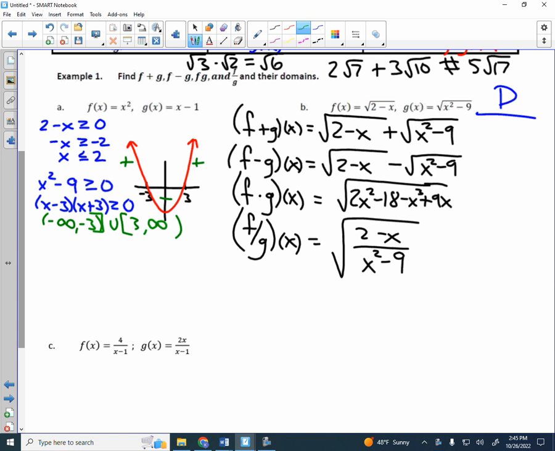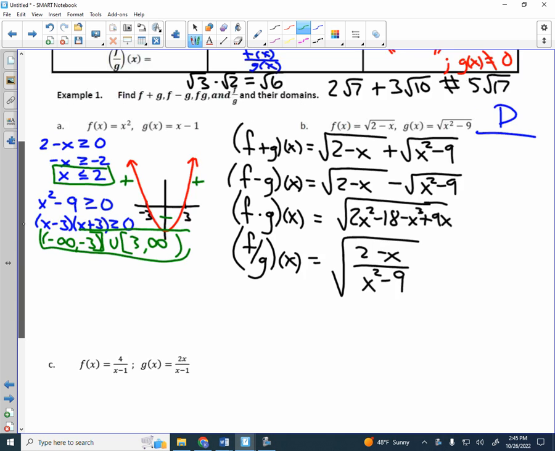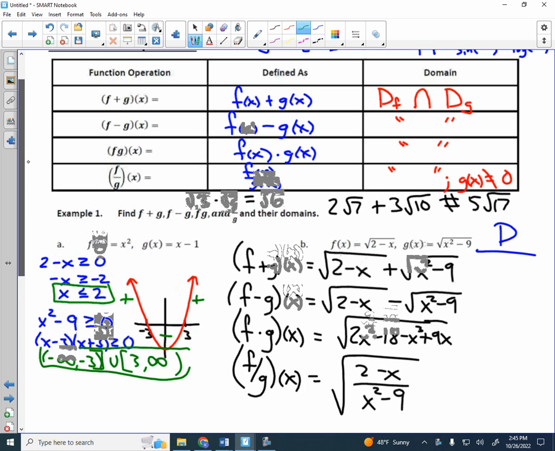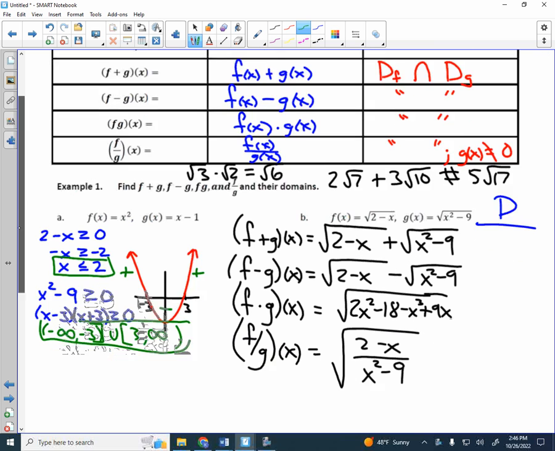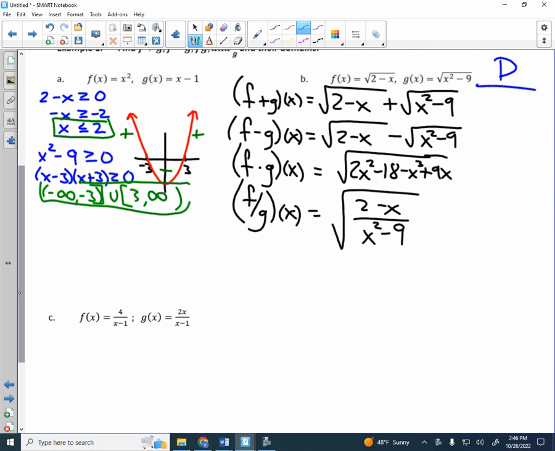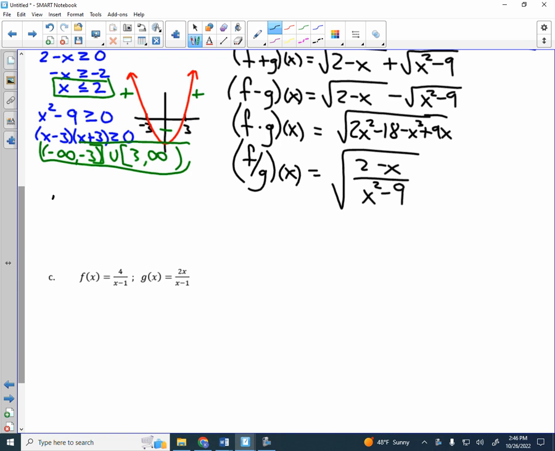So it looks like we have one domain right here, and we have a second domain right here. And what the notes told me is that the overall domain is the overlap of those two. So in order to see the overlap of those two things, as I'm teaching this, I'm going to actually put it on a little graph here so you can see it.